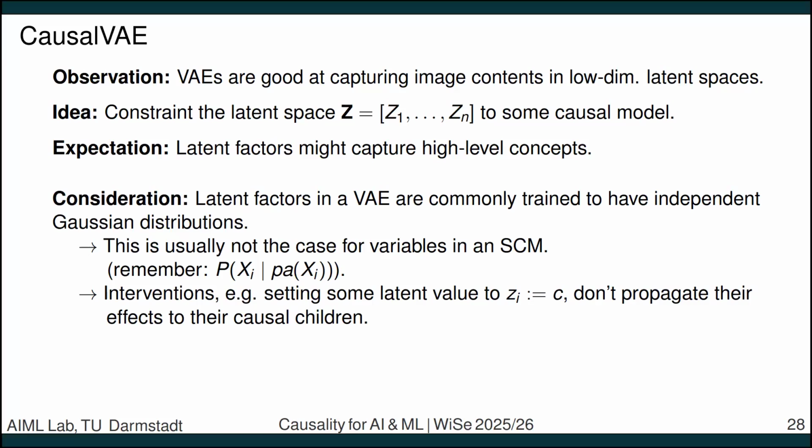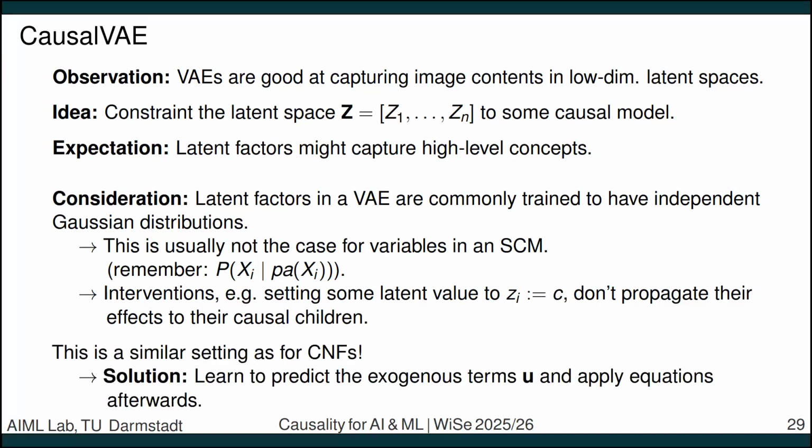We don't have a mechanism that propagates our intervention to these follow-up vector values. So as I said, we again do not assume that those set values represent our causal variables, our endogenous variables, but we will assume that those set values correspond to our use.